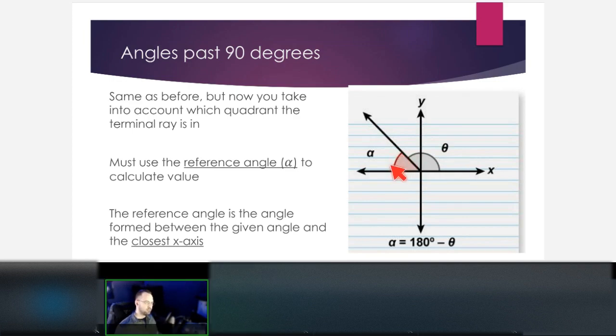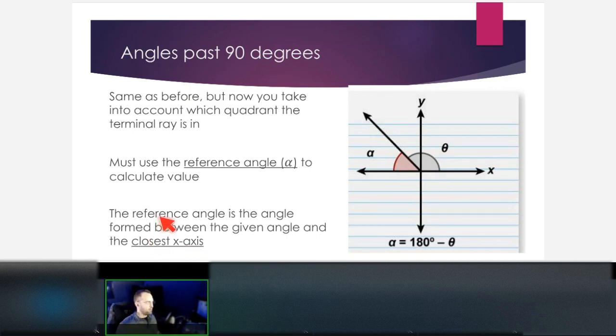To get this angle, we take 180 degrees minus the given angle. Theta is the given angle. So this may be like 120, for example. To find the reference angle alpha, you take 180 minus 120, and that gives us 60 degrees as the reference angle.